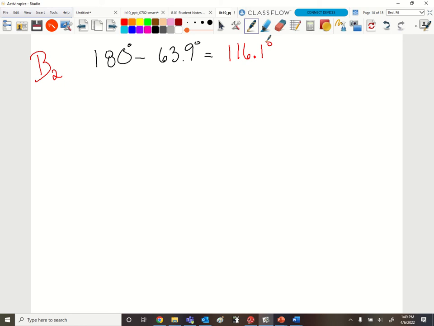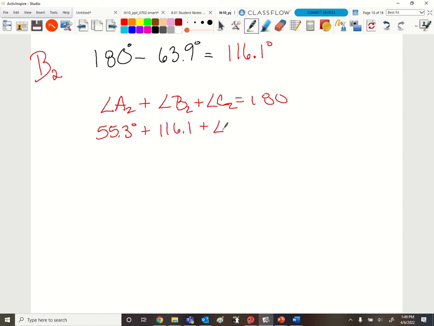I know that angle A plus angle B plus angle C equals 180, right? Angle A was 55.3. Angle B, which is going to be the second angle, because I'm going to call these all second if it does work out, is 116.1, plus angle C equals 180.